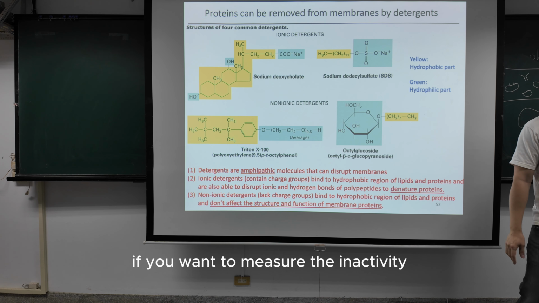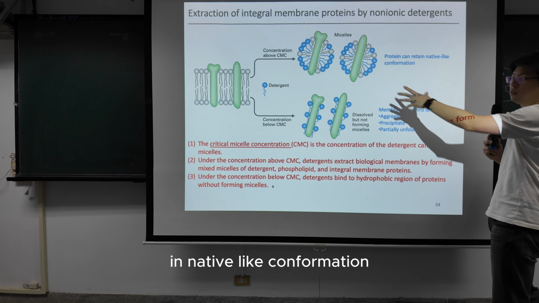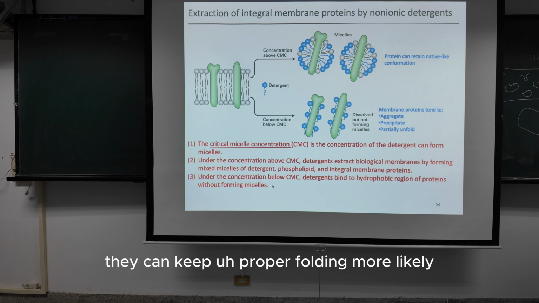People also care about one thing during protein extraction, the critical micelle concentration. It's kind of stressful. If you are above a certain concentration, the critical micelle concentration, that means you put in enough detergent and the protein can retain a native-like conformation. They can more likely keep proper folding.